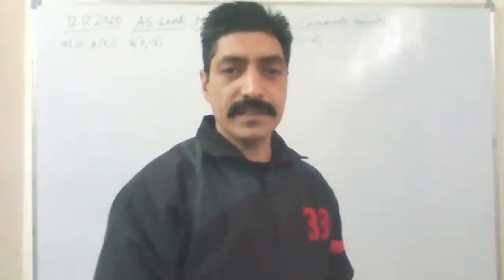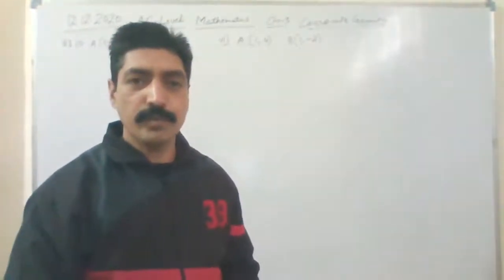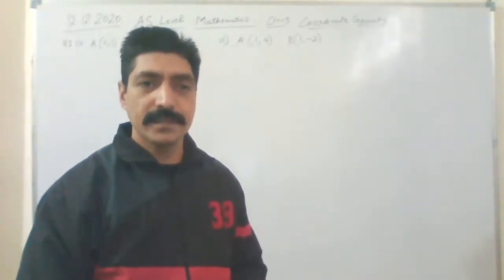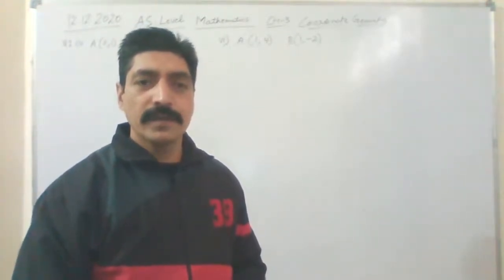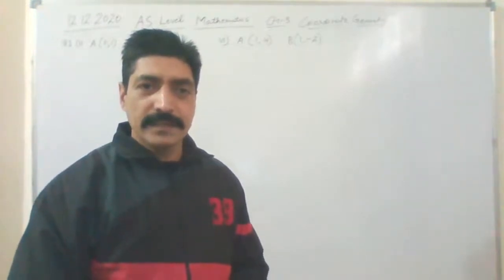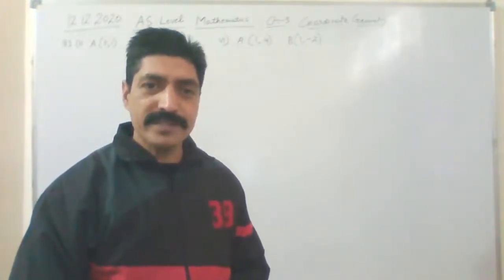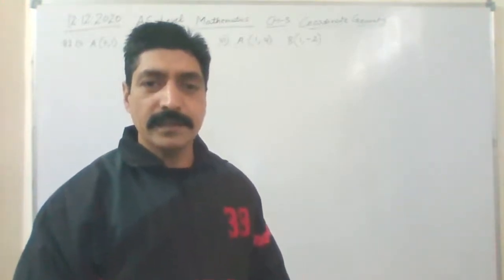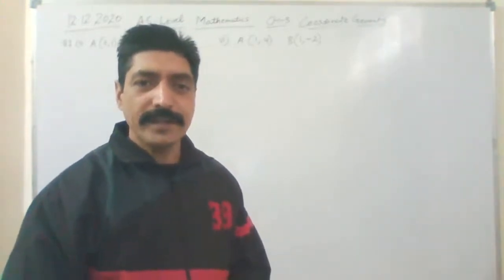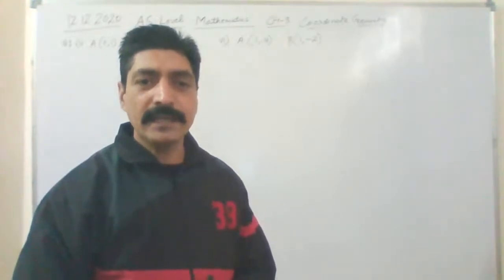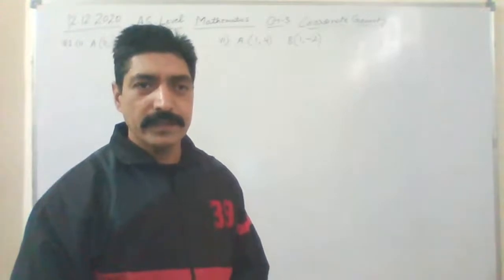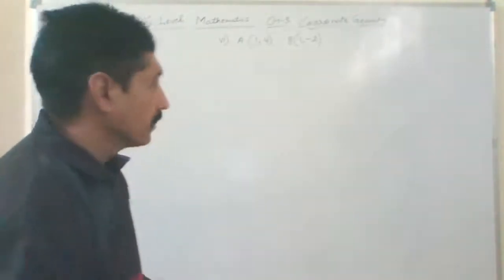We will find first the gradient or slope of the line, then the distance between 2 points, then the third one, that is the midpoint, and fourth the line perpendicular to the given line. Okay, so let's begin here.